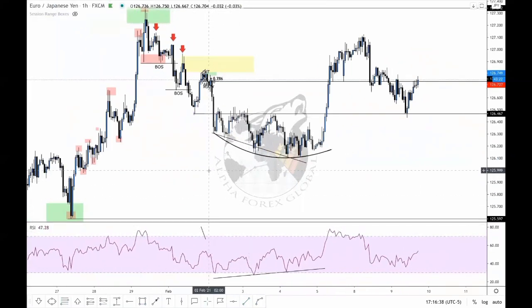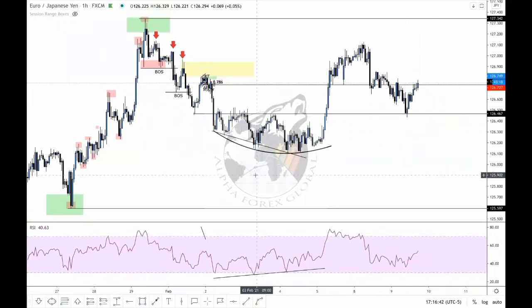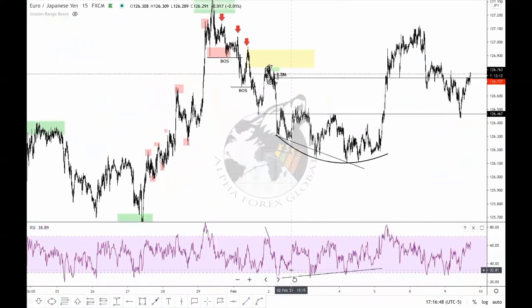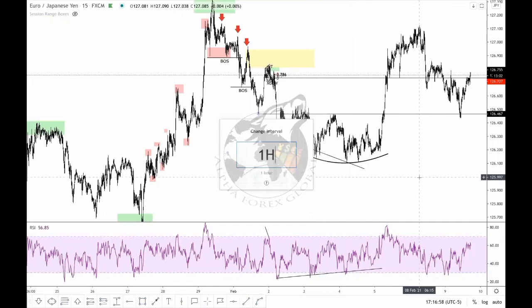So that is all you need to identify, divergence, right? And if I go on any time frame, 15-minute lower, it will still be there, right? So divergence showing that the market is going up, right? And the market is basically going down. So this is telling you that the market wants to retrace.